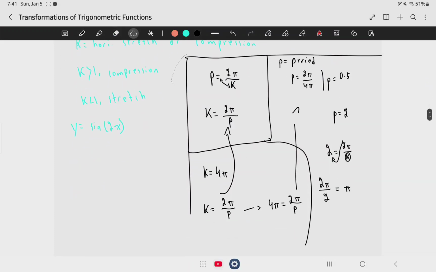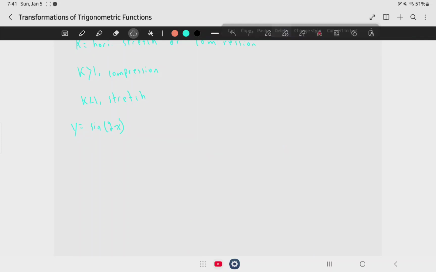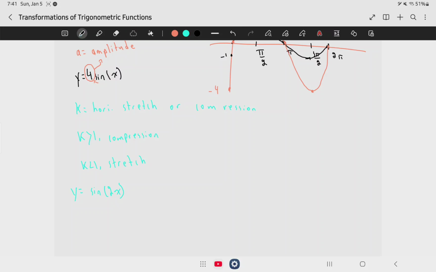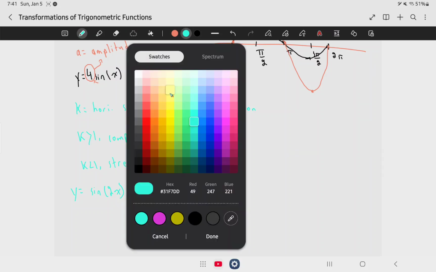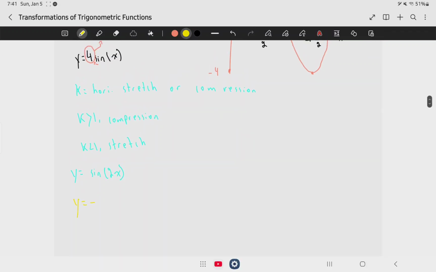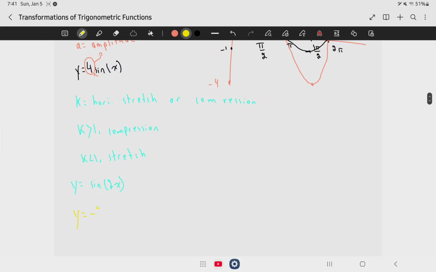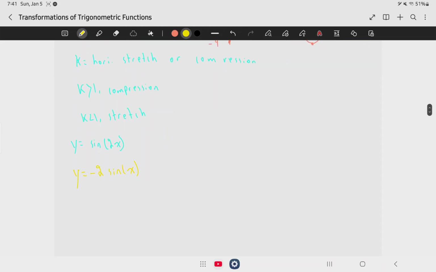And we can also have a reflection over the x or y axis. The way that that would look would be a negative value in front of the amplitude. So if we had y equals, let's say, negative 2 sine x, or it doesn't even have to be a number there.